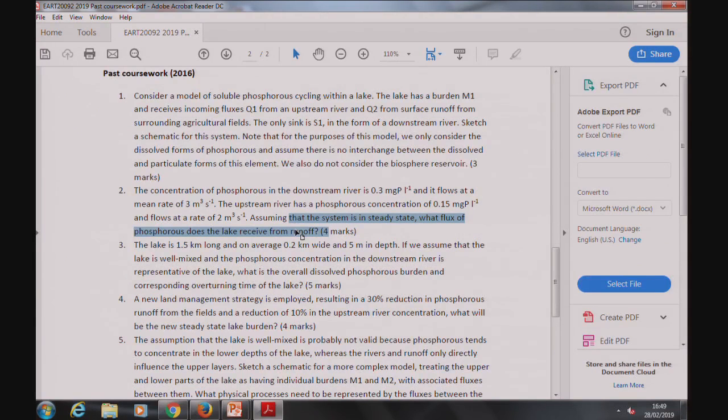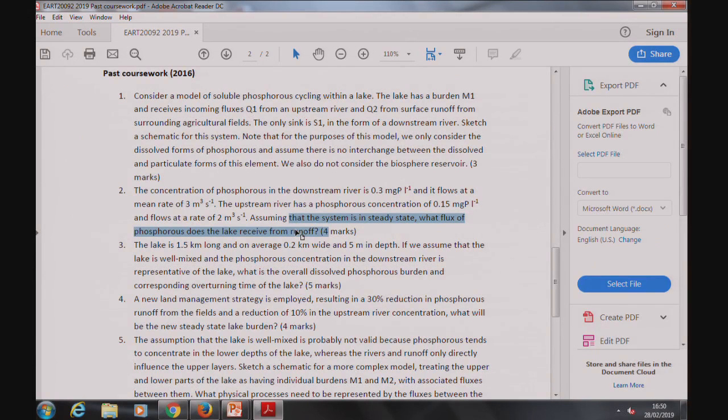So first of all, how would I calculate how much phosphorus is leaving this lake? Hint, I use these two numbers. Multiply them together. Let's see what happens. 0.3 milligrams per litre multiplied by 3. Now, 1 metre cubed is 1,000 litres, and this number's in per litre, so I want this number in litres per second.